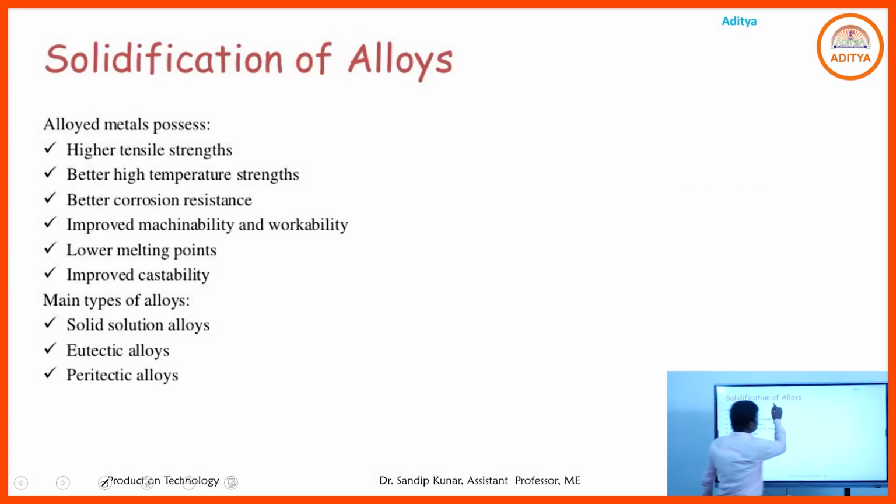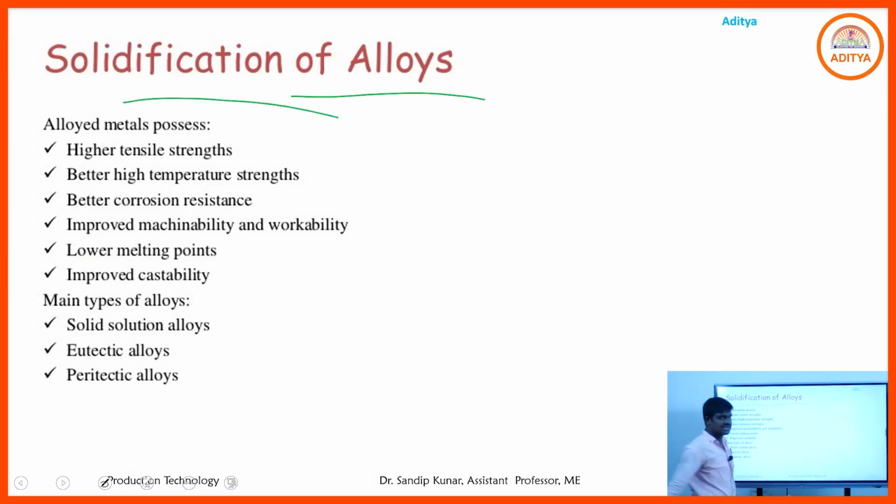Now, solidification of the alloy. Alloy materials possess some particular properties: higher tensile strength, whereas pure metals have lower tensile strength.